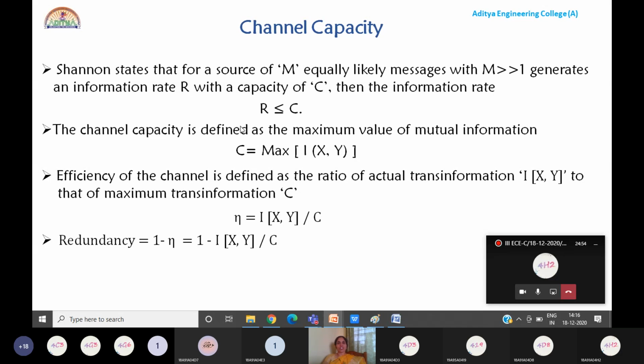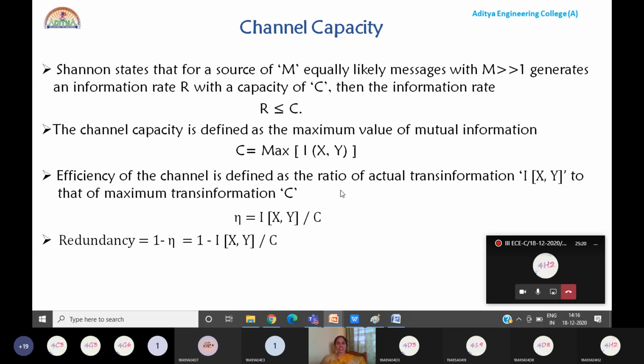If it is for the receiver section, it is I of yk minus I of yk given xj. That is the mutual information. So whatever the channel may be, discrete or analog, the maximum value of mutual information is stated as the channel capacity C.